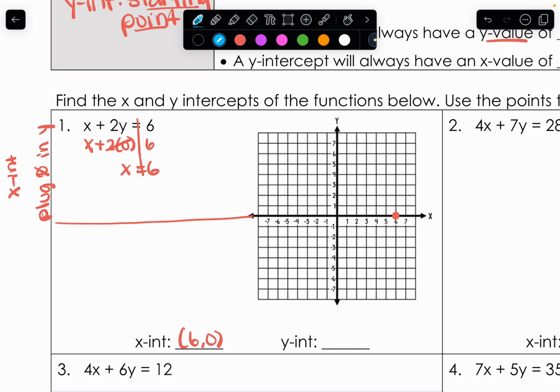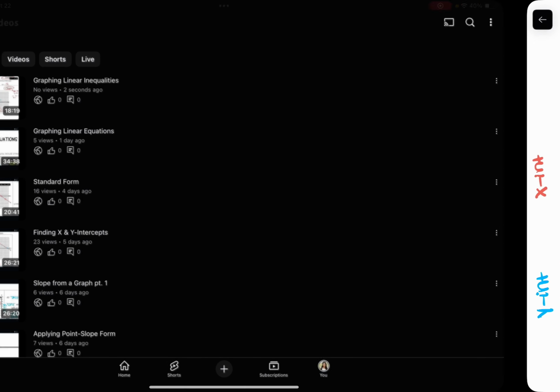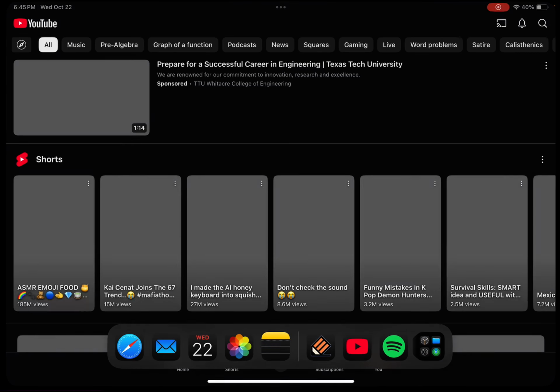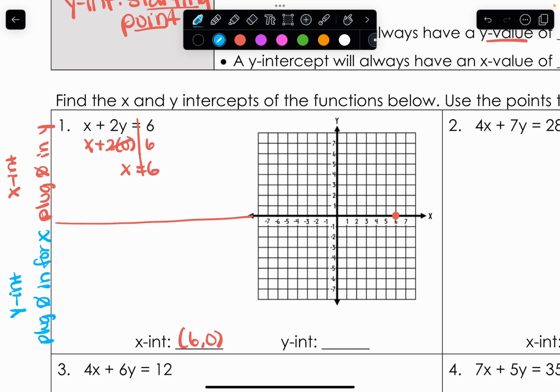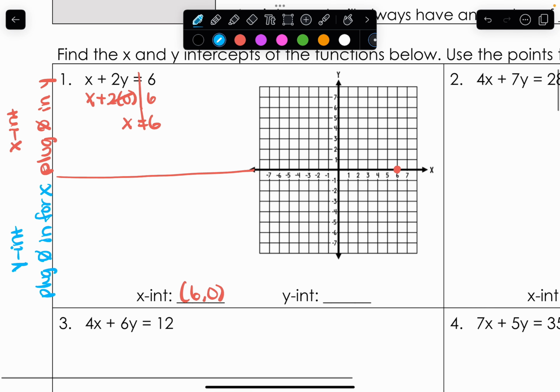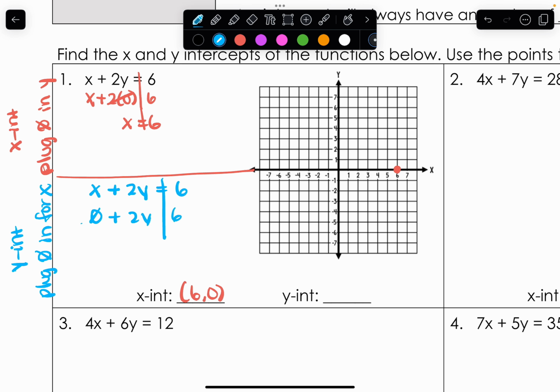To solve for the y-intercept, you're going to do the opposite. You're going to plug 0 in for x this time. So using the same equation, x plus 2y equals 6, you're going to replace the x with the 0. 0 is 0.